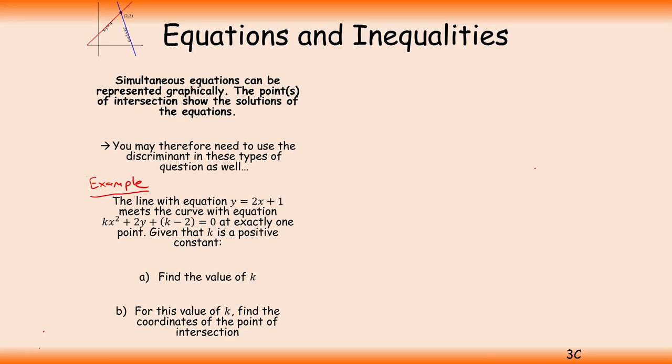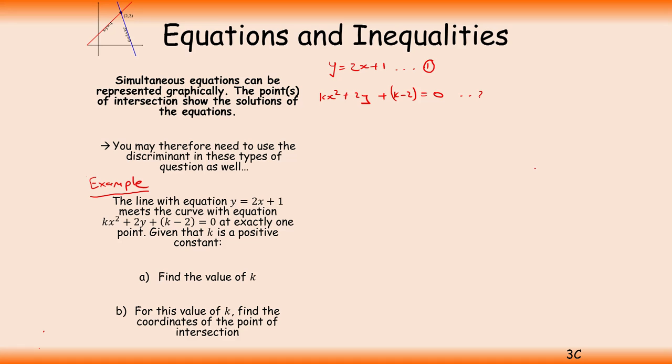So if we set it out as simultaneous equations, the first one is y equals 2x plus 1. Second one, kx squared plus 2y plus k minus 2 is equal to 0.